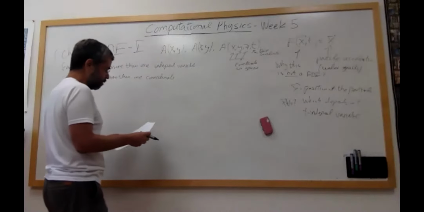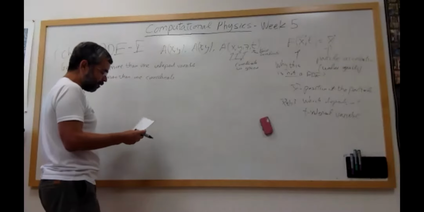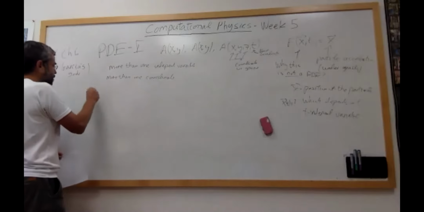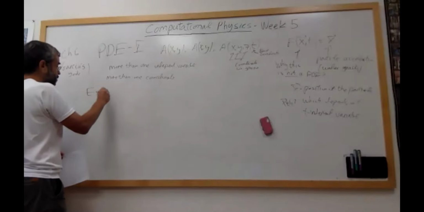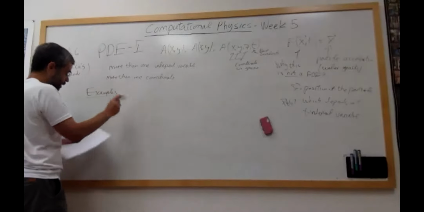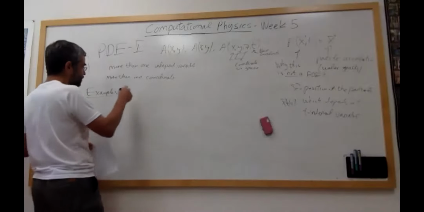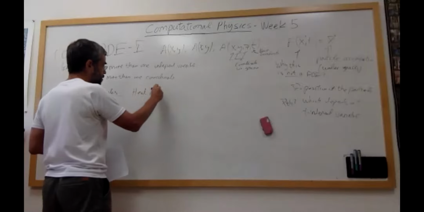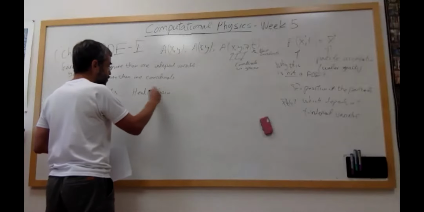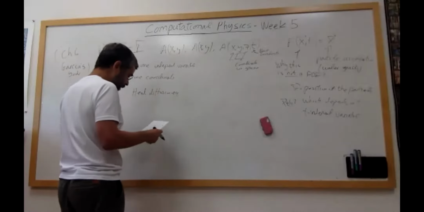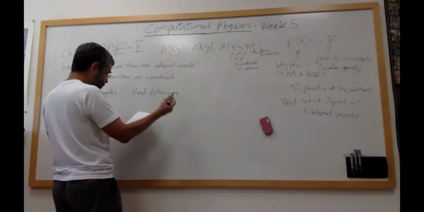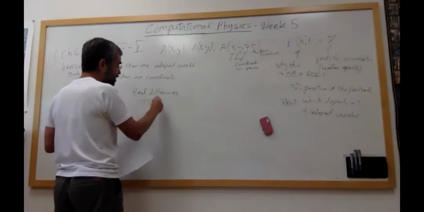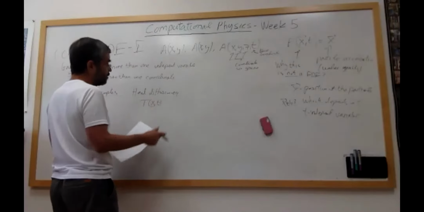So, examples: we can have the heat diffusion equation. The temperature is a function of both position and time.